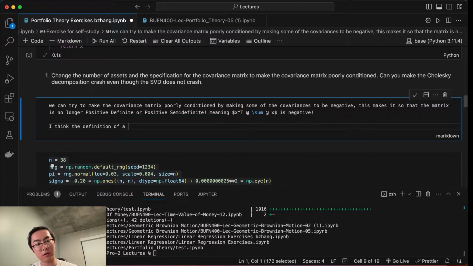The definition of a covariance matrix is that this may not exist in the real world.